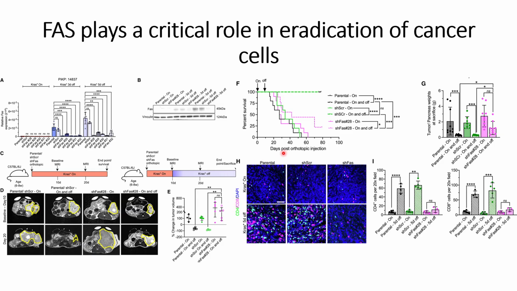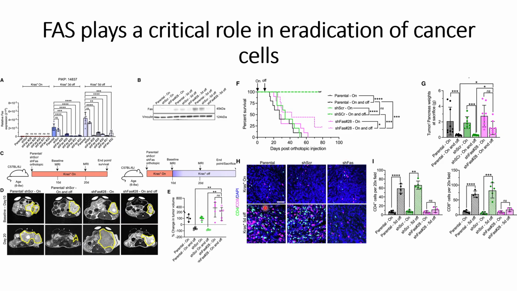And these things are validated using immune cell infiltration, that is T cell infiltration or CD4 plus cell infiltration. They found that when the KRAS mutations are on, the amount of CD4 plus cells in the parental, scrambled RNAs and short hairpin FAS mRNAs are lower.